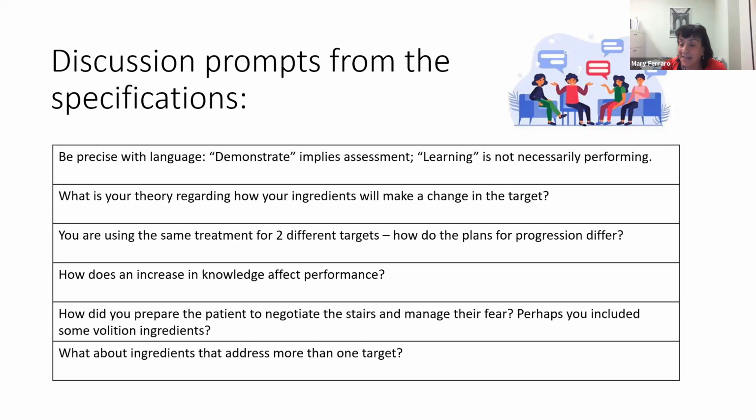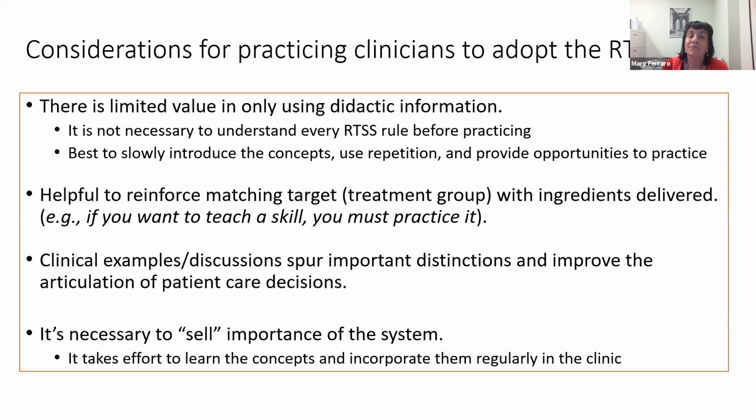I will say, next slide, because I want to leave some time for discussion, that one thing we've learned is that the RTSS needs to be practiced. There's only so much you can benefit as a clinician from reading about it. It's really best to take some stabs at trying to identify and articulate your targets and the ingredients you plan to deliver.